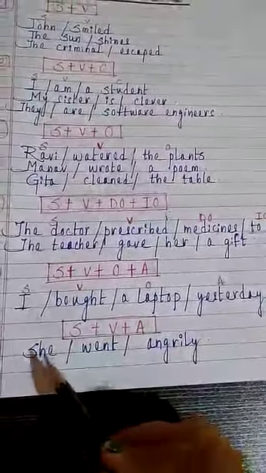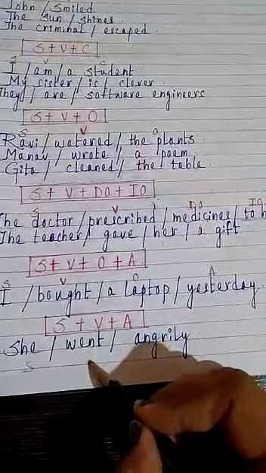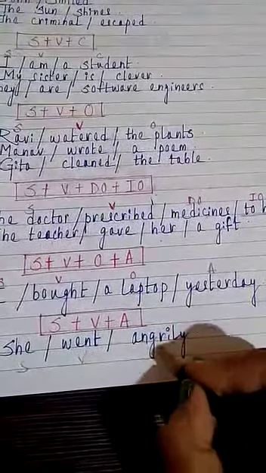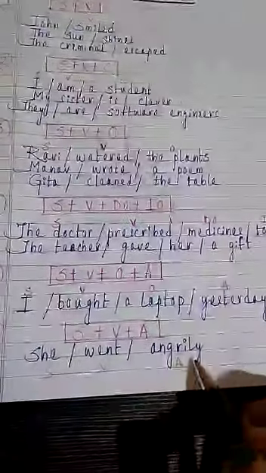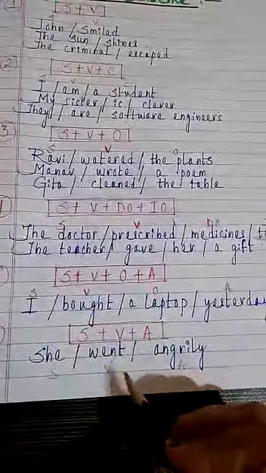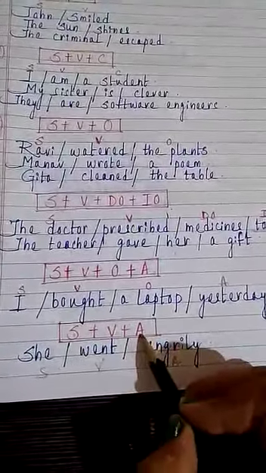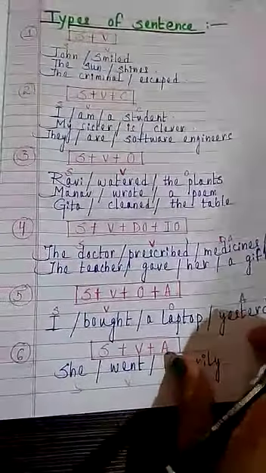So she is the subject. Went, go का past tense है went. So went is a verb, and angrily is the adjunct part. So by this you can also form a sentence by adding subject plus verb plus directly the adjunct part. She went angrily.